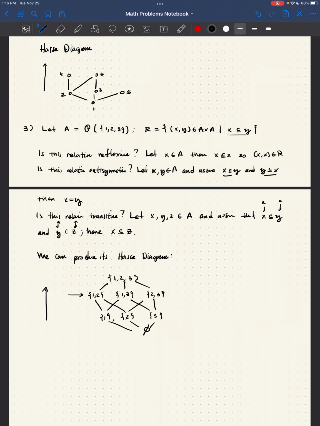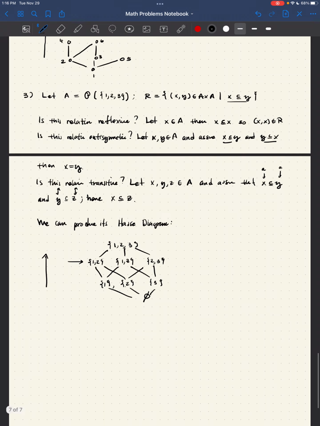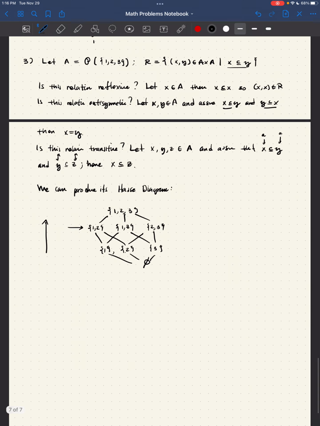Okay. So, here, let's try an exercise, right? Let's provide an example. Let A be this collection consisting of some symbols. And I'm going to impose the following relation.